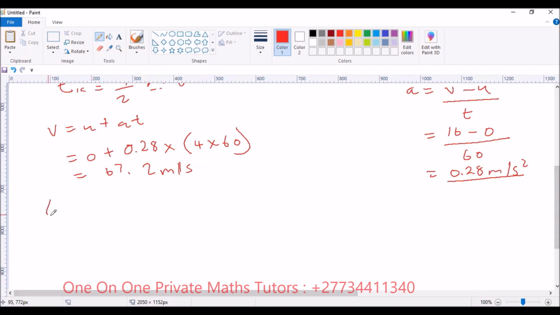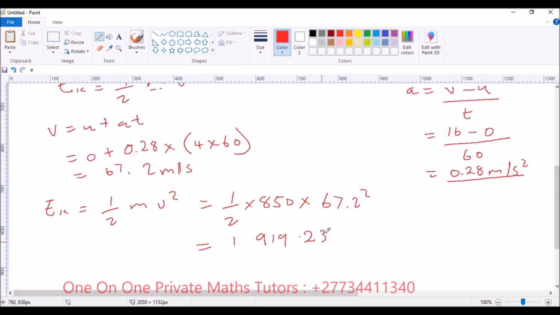Now we can calculate our kinetic energy. We have said kinetic energy is half mv squared, which is half times 850 times 67.2 squared, which will give us 1,919,232.